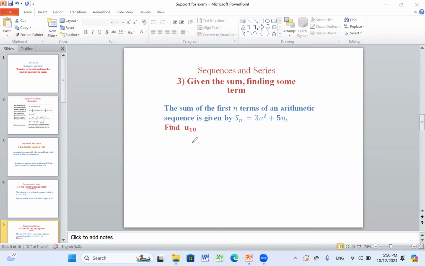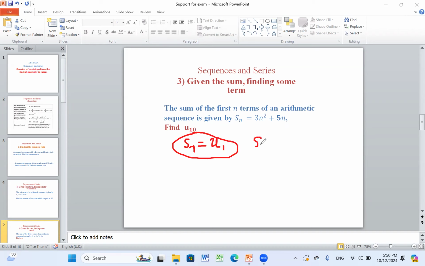How can we find them? For this purpose, do not forget that S1 is always U1. So the first term in our series, in our sums, is usually U1. This is the important part of this story.